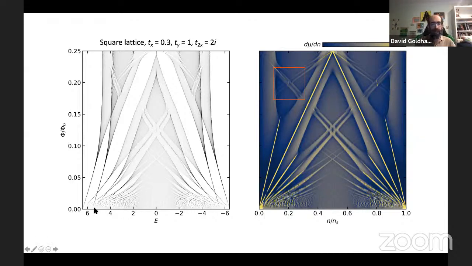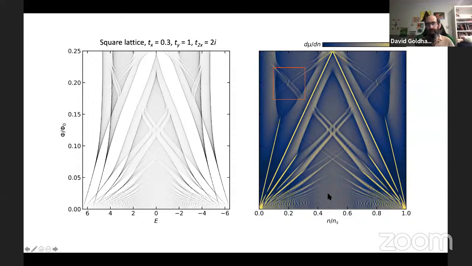So this is an energy space and flux. And here Joe mapped this to density that we can tune with the gate electrode here from the charge neutrality point to full filling. And here's around half filling, and you see something's going on here.